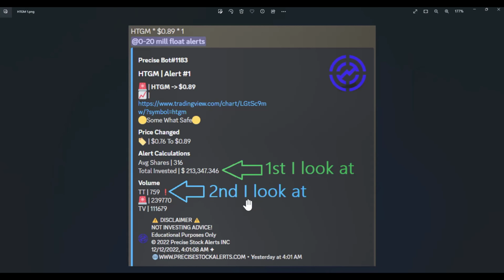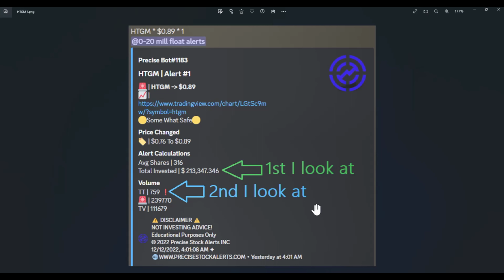So in this case, we're going to use HTGM as our example alert. The first alert on HTGM was at 4:01:08 a.m. on December 12th, 2022. And it should be noted, let me say this right now as well.